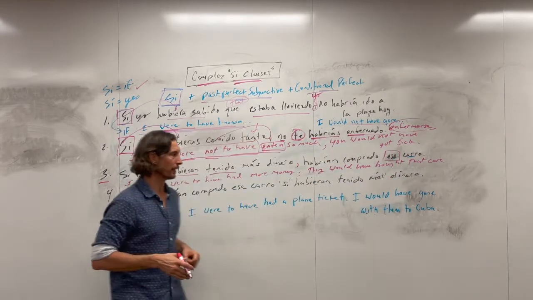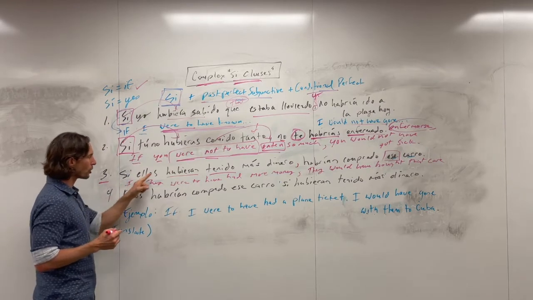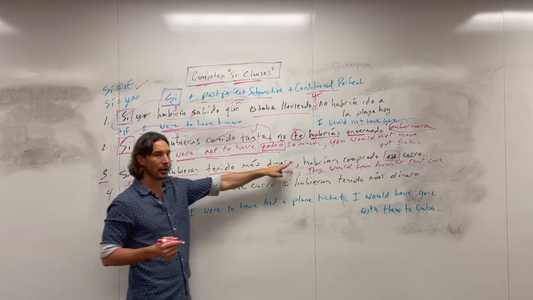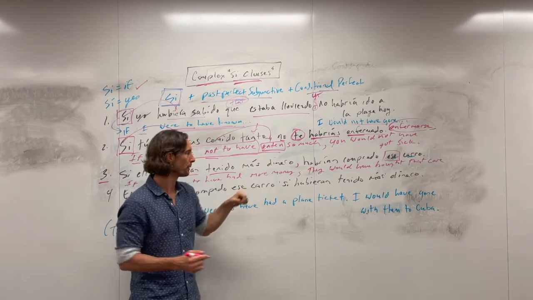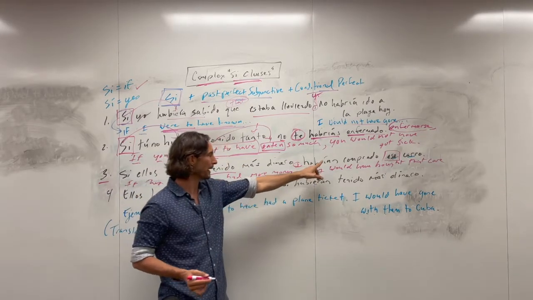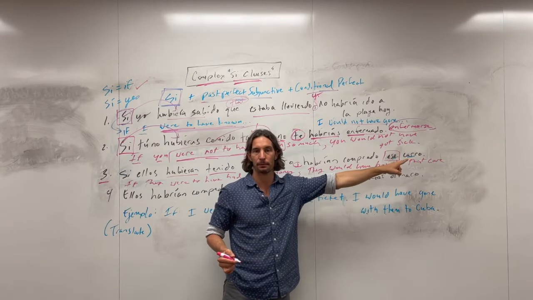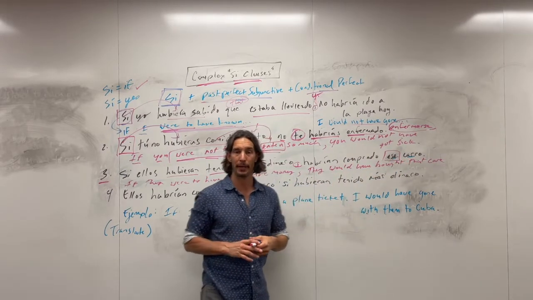So again, si ellos hubieran tenido más dinero, si accompanied with the past perfect subjunctive, comma, habrían comprado ese carro. Hopefully that makes sense.